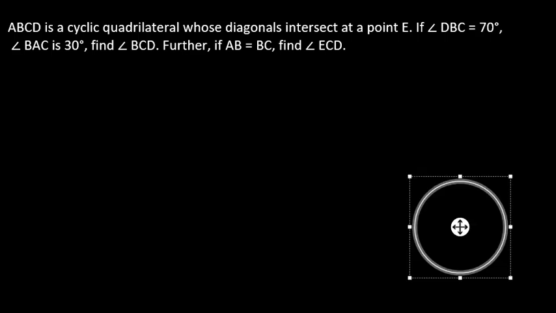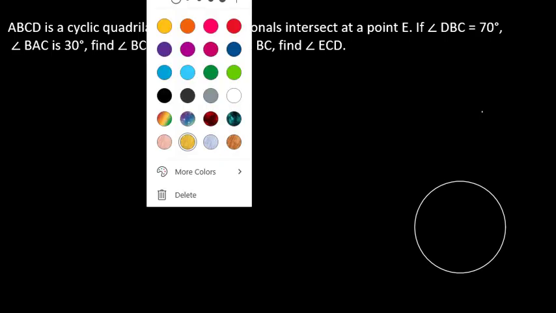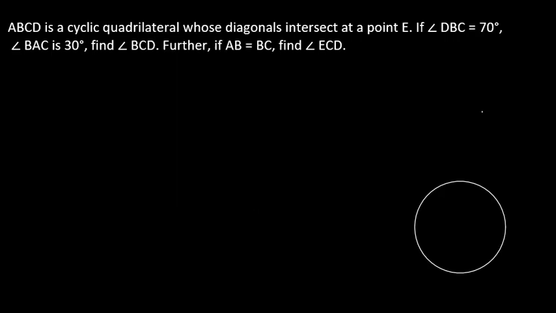Okay, fine. Now in this circle, what is given? ABCD is a cyclic quadrilateral whose diagonals intersect at E. So there is a cyclic quadrilateral, and angle BAC is 30 degrees.